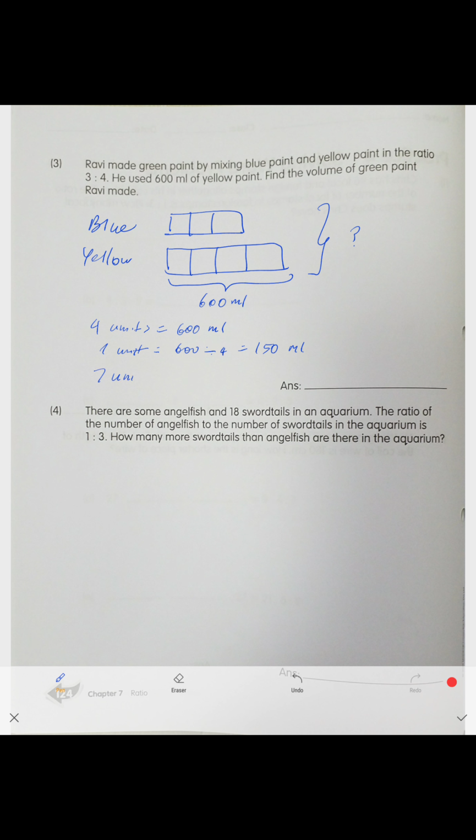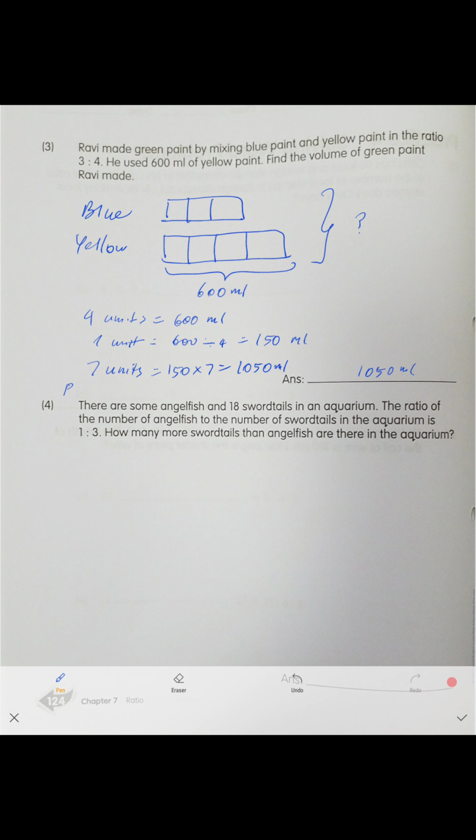So our 7 units is 150 times 7, equal to 1050 milliliters. That's your answer. Answer is a sentence. Ravi made 1050 milliliters of green paint.